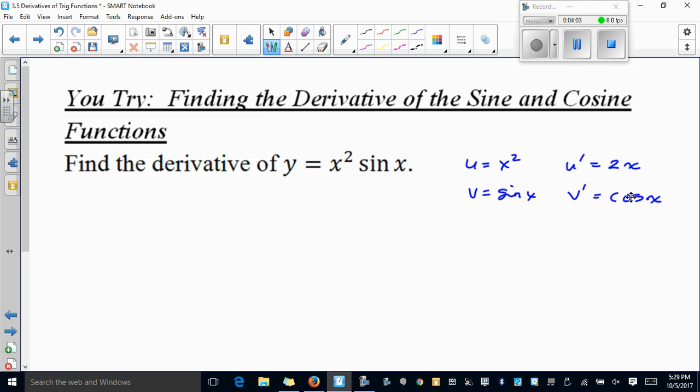So we get 2x sine of x plus x squared cosine of x. Done. So don't forget to label things. y prime equals, and there's your answer. There's nothing more that we can do. We can factor out an x, but it's not going to help us do anything to this. So there, we're done.